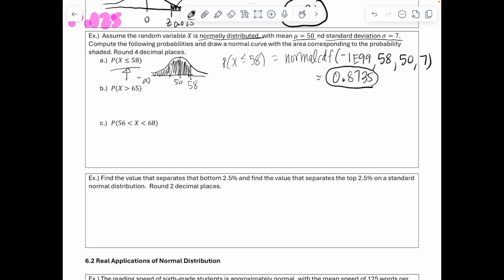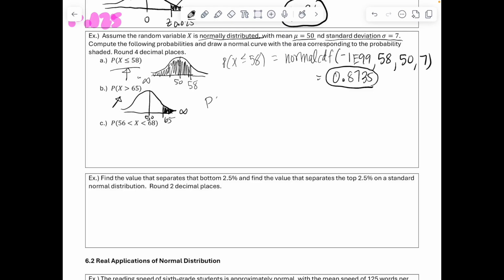Part B is asking for x greater than 65, so the probability of that. So first thing we're going to do is draw our normal curve and put our numbers on and shade. So the mean again is 50, and this time it says 65, which is again farther to the right. And our symbol that we have says greater than, so I am going to shade to the right. Remember, this goes on forever to the right, which is infinity.